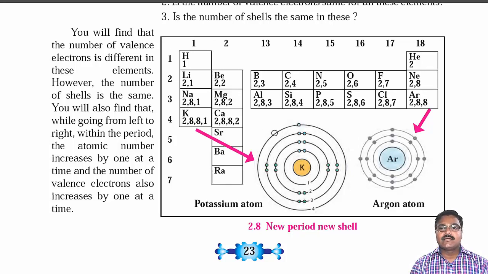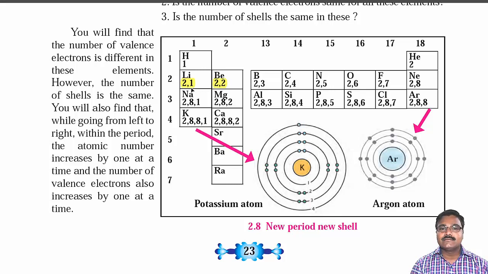Here you will clearly see that hydrogen has electronic configuration, or distribution of electrons, as 1, as its atomic number is 1. Helium 2, then lithium 2, 1, then beryllium 2, 2.